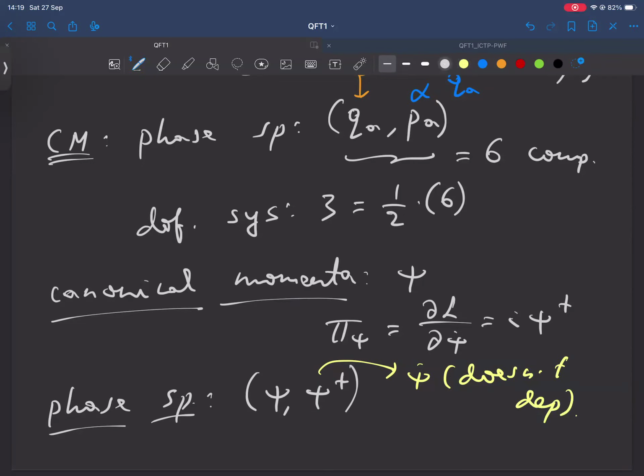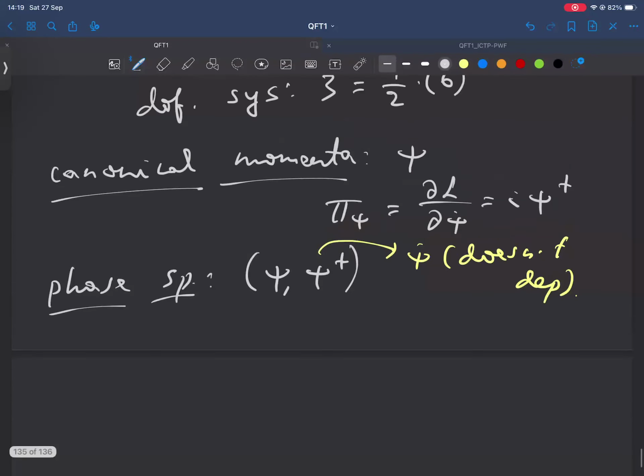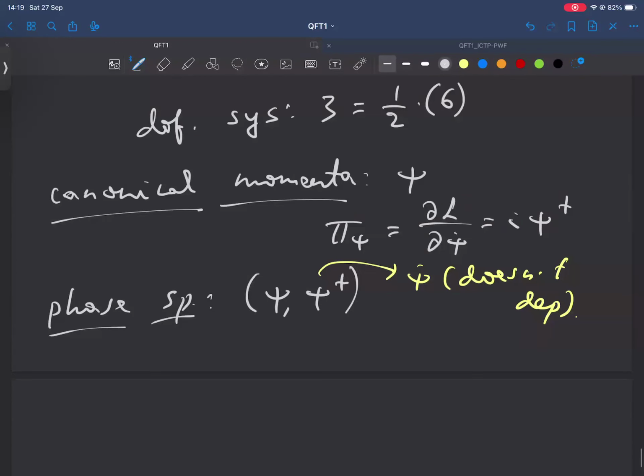Hence, in the phase space, all the counting of degrees of freedom comes from psi only, because the momentum here is just the conjugate of psi. It's not related to psi dot or the velocity, and hence it's not an independent quantity.